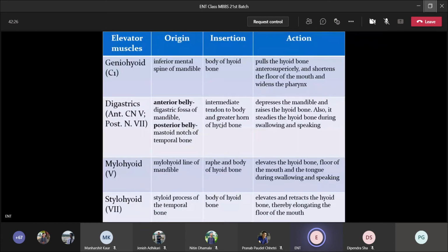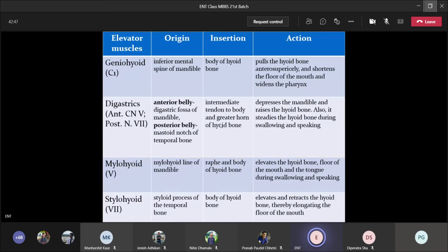So now the third muscle is the mylohyoid. The mylohyoid line of the mandible is the origin. The insertion is the raphe and the body of the hyoid bone. And the action is it elevates the hyoid bone, floor of the mouth and the tongue during swallowing and speaking.